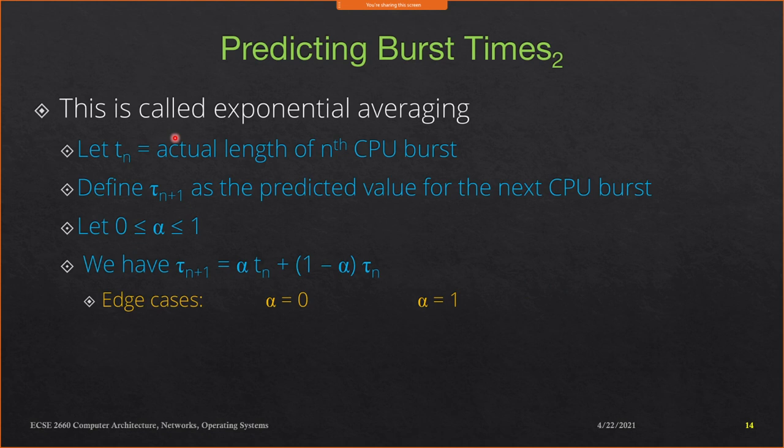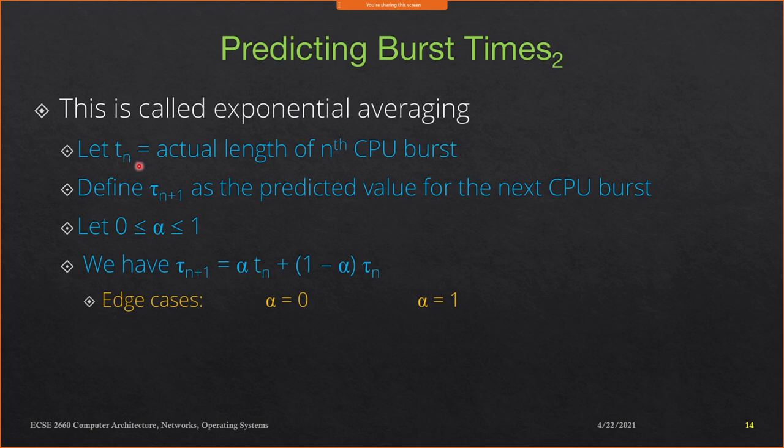Let's continue with this. This is exponential averaging, where you're essentially doing a moving average for obtaining this predicted value. So t sub n is the actual length of the nth CPU burst. Now switching gears here. Now instead of talking about n minus 1 and n, you can also talk about n and n plus 1.